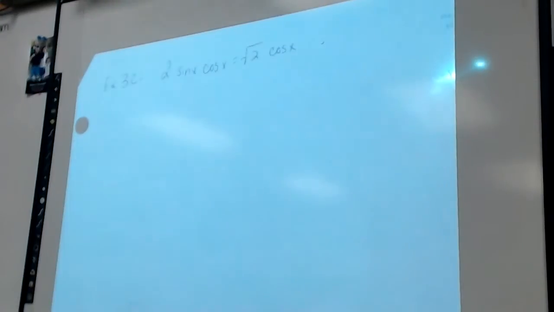2 sine x cosine x equals the square root of 2 cosine x.